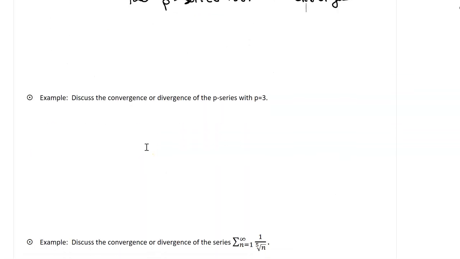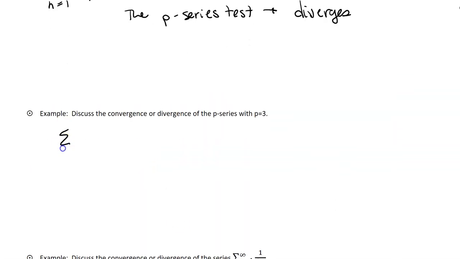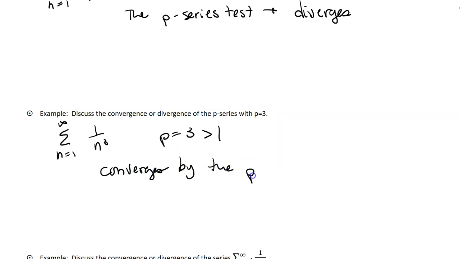All right, if p equals 3, we'd be looking at the series from 1 to infinity of 1 over n cubed. P equals 3, which is greater than 1, so this converges. Again, we don't know what it converges to. We just know that it does converge, and that's all we care about.